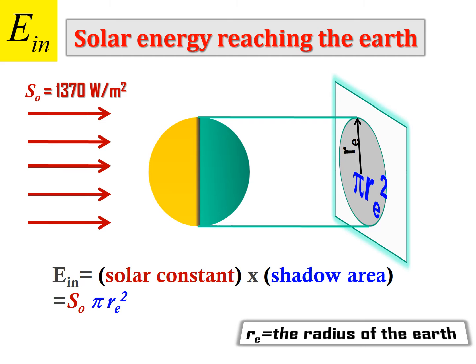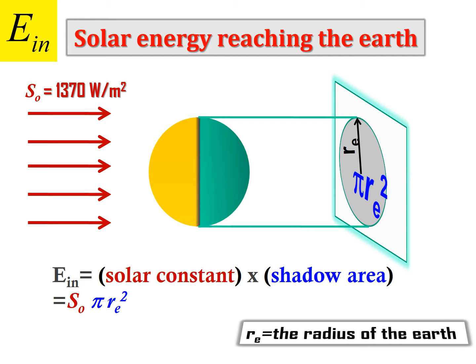If the half Earth's surface is projected to a circle, per meter square per second, the energy received from the sun is 1,370, times this total shadow area.